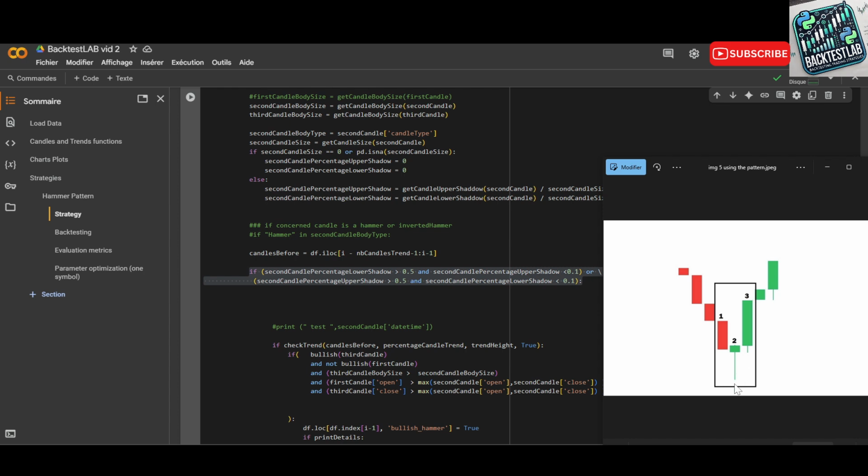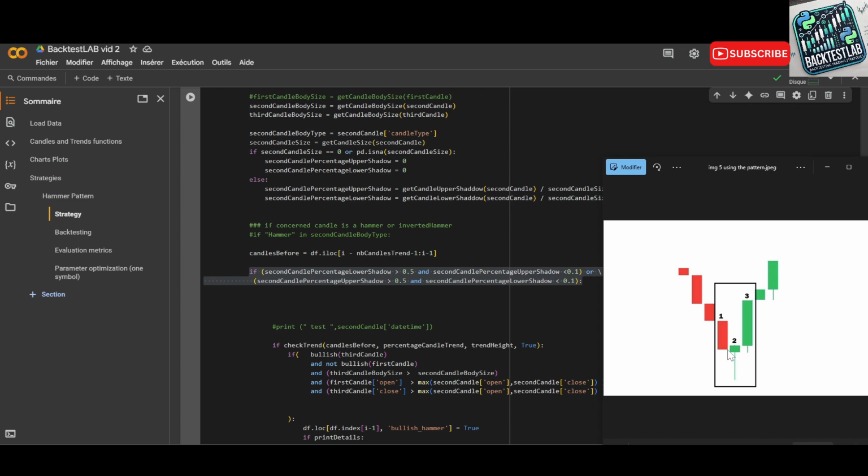So if we have a 50% size here and the upper shadow is less than 10%, we will consider this a hammer. Sometimes we will have inverted hammers, so in that case it will be the opposite. The upper shadow has to be more than 50% and the lower shadow has to be less than 10%. If we are in this specific situation, that means we have a hammer.